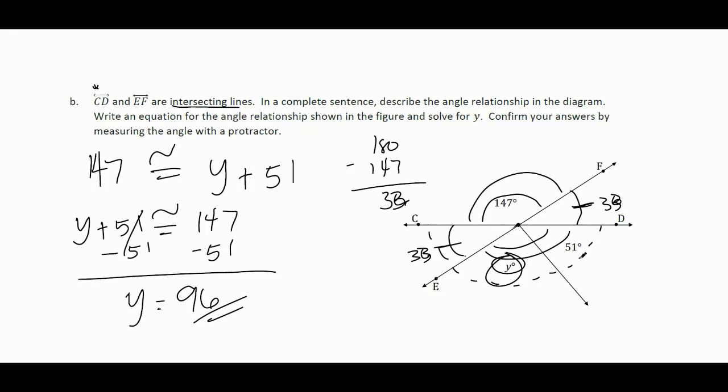So what we're going to do now is add these two and then subtract from 180 to get this measurement. 33 plus 51 is going to be 84. So 180 minus 84 is going to be 96. 10 minus 4 is 6, 17 minus 8 is 9.